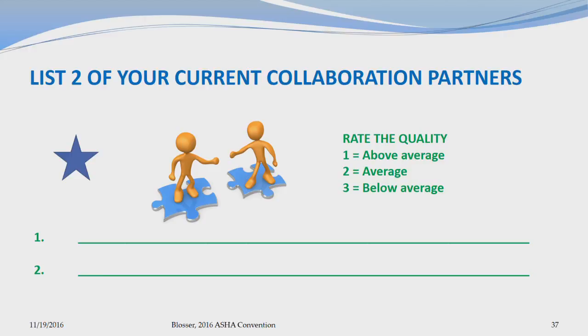Just write down their names, and then give them a rating: above average, average, or below average. It's like something you would do with a team on Mondays, your IEP teams or whatever it is. Pick a team, pick two people, two partners, or you can pick two different teams. One, two, three. Just in your head, you can do that.